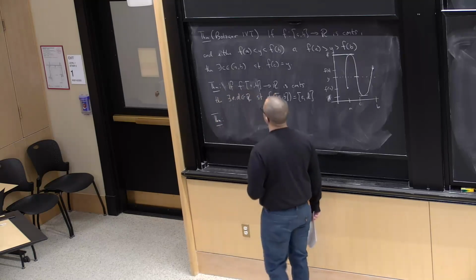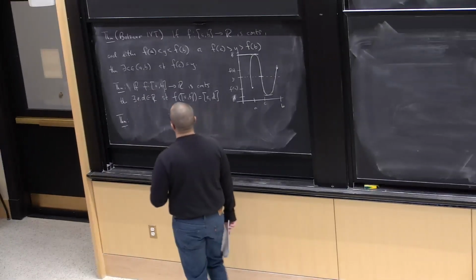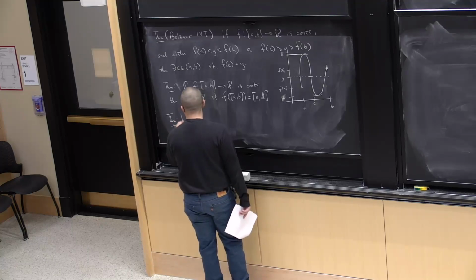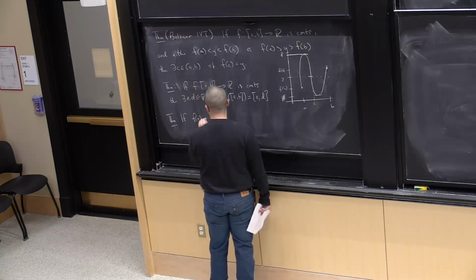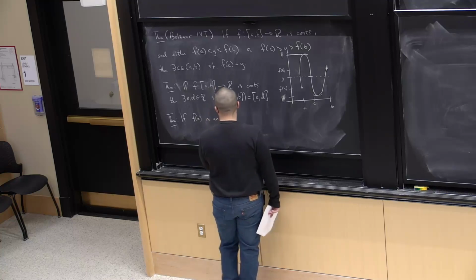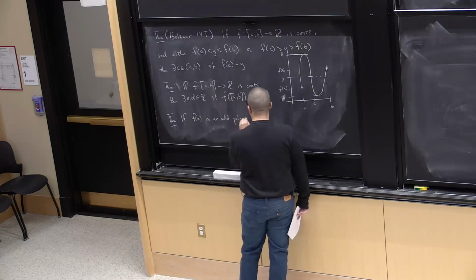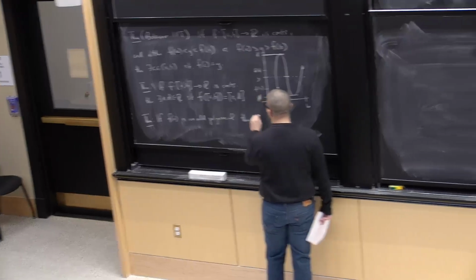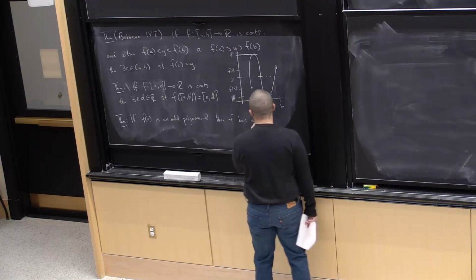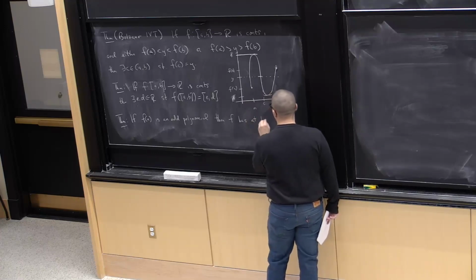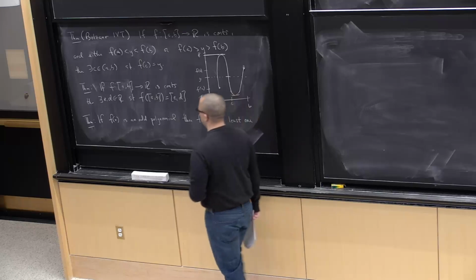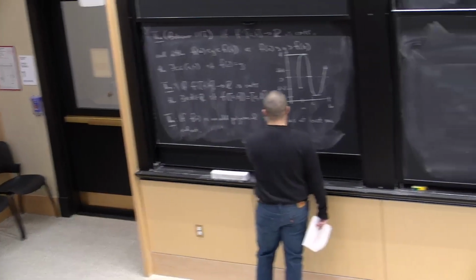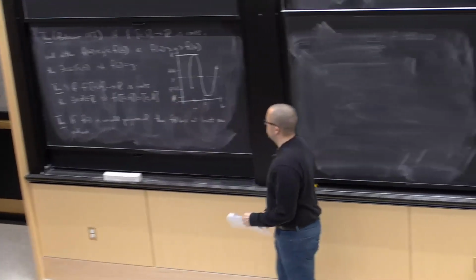Really, it's an application of that theorem that I labeled the bisection method, but let's chalk that up to the Bolzano intermediate value theorem, which is the following: that if f of x is any odd polynomial, then f has at least one real root. So any odd polynomial has at least one real root.